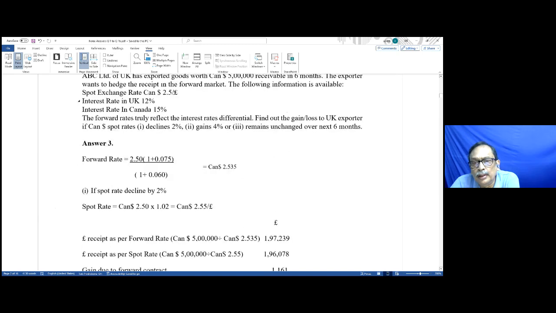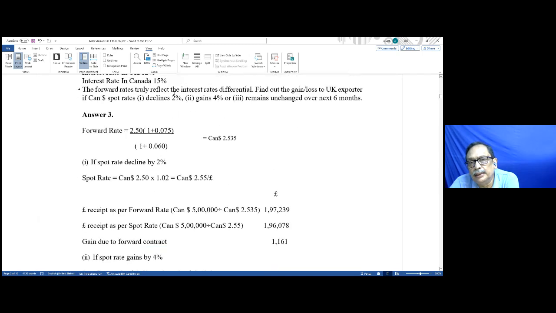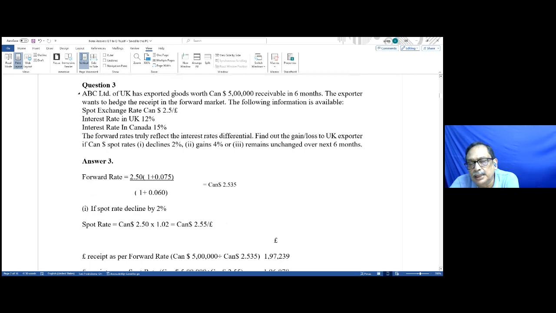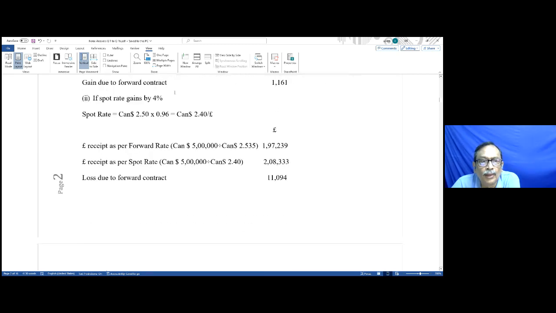Now, in the third part, it is given remains unchanged over next 6 months.